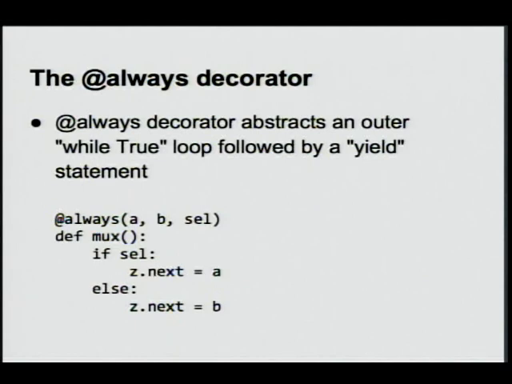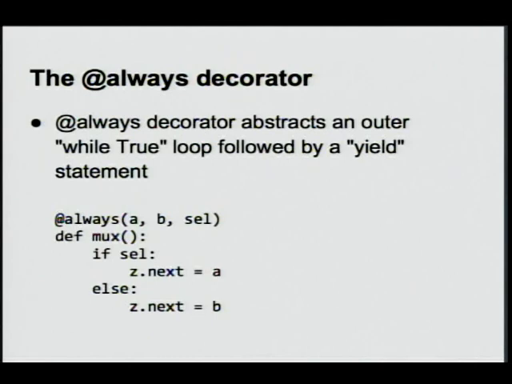So it does the same thing as the previous generator, but thanks to this always decorator, we have to write less code. We have the inputs here as parameters, and then we have this mux function. The meaning of all this is that whenever one of these inputs changes, this function will be called.